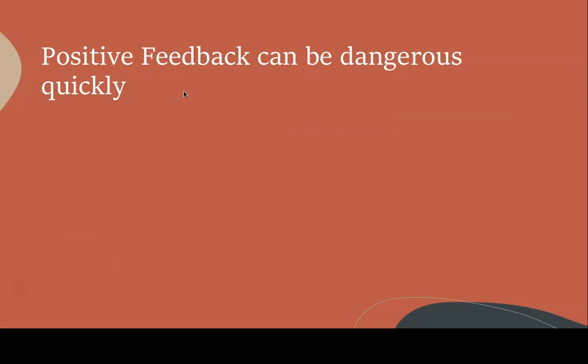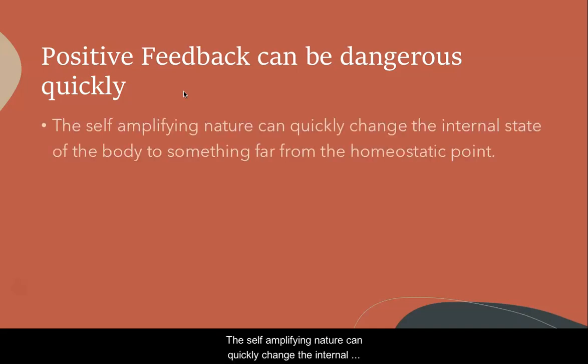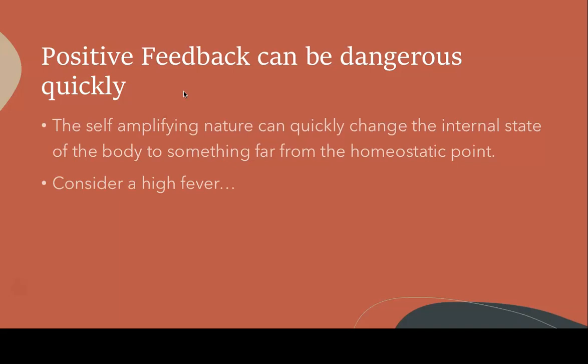But using a positive feedback loop in other situations could get dangerous really quickly. The self-amplifying nature can quickly change the internal state of the body to something far away from the homeostatic point. Giving birth is really far away from the homeostasis point. Consider having a high fever.